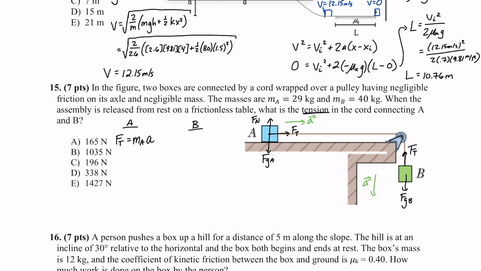For object B, we have a tension force pointing upwards, force due to gravity acting downwards, and because B is accelerating down, I need to add in a minus sign for the acceleration.